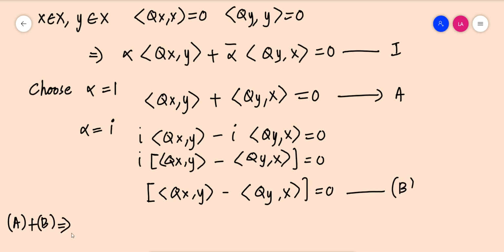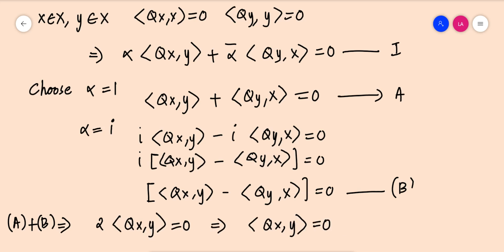Now adding equation A plus equation B, we can cancel inner product ⟨Qy, x⟩. This should be equal to 2 times inner product ⟨Qx, y⟩ equal to 0, which implies inner product ⟨Qx, y⟩ should be equal to 0.